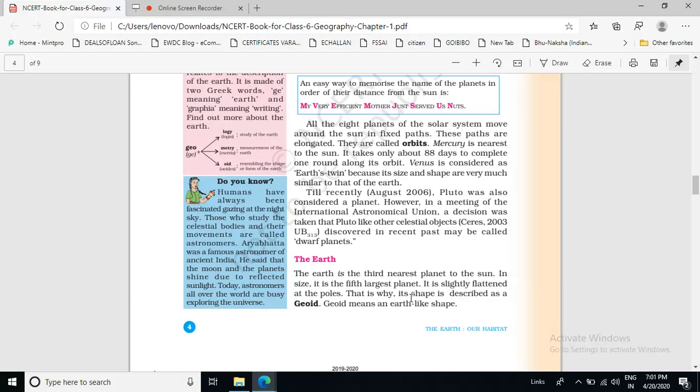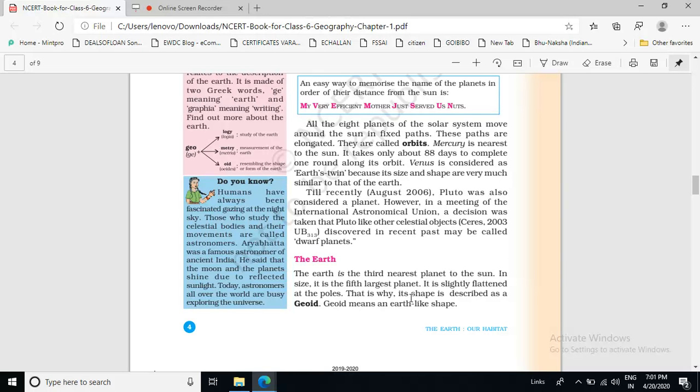So now we will learn about Earth. The Earth is the third nearest planet to the Sun. Mercury, Venus, and then comes Earth. In size, it is the fifth largest planet. Okay. If we consider it from the viewpoint of size, it is the fifth largest planet.